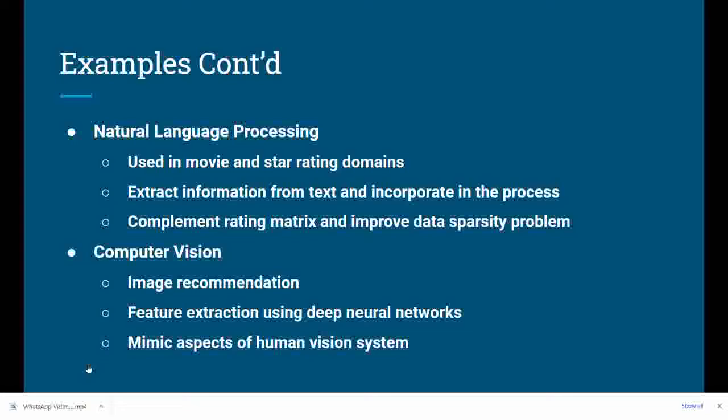They take advantage of the features extracted from images using deep neural networks and integrate them with existing methods for clothing recommendation. Also, extended research in this area has added low-level features that mimic aspects of the human vision system, such as color and characteristics, into the framework.